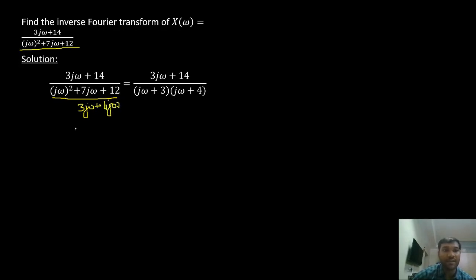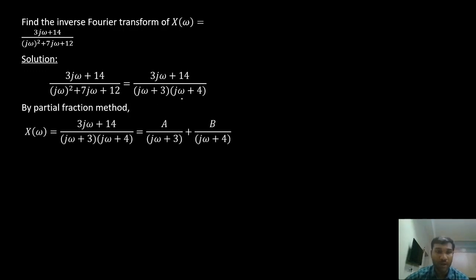When I factorize it, I get the denominator equal to (j omega plus 3) into (j omega plus 4). Now I'll do partial fractions on this. I'll write this as a by (j omega plus 3) plus b by (j omega plus 4). Right? This is how I will do the partial fractions. Now for partial fractions, I need to find the values of a and b.